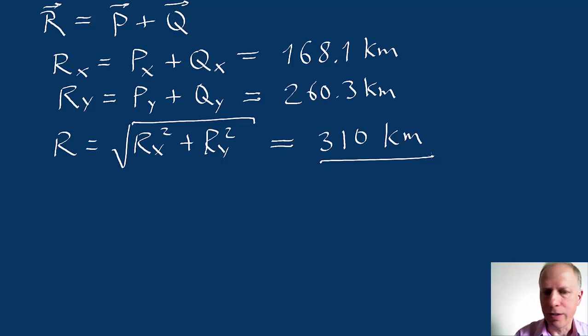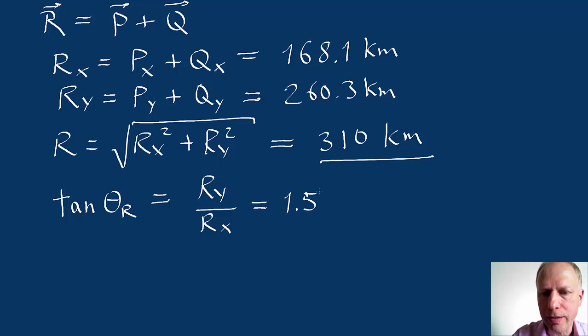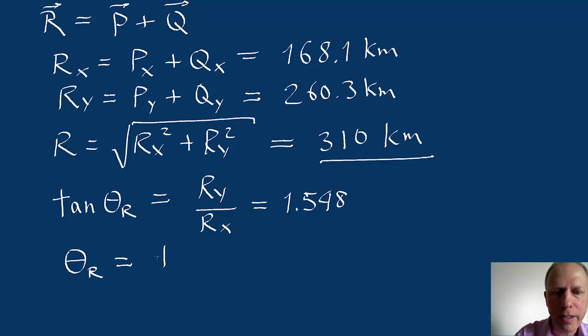To find the direction of the vector R, notice that the tangent of theta R is equal to the y component divided by the x component, which is 1.548. So the direction angle theta R is the inverse tangent of 1.548.